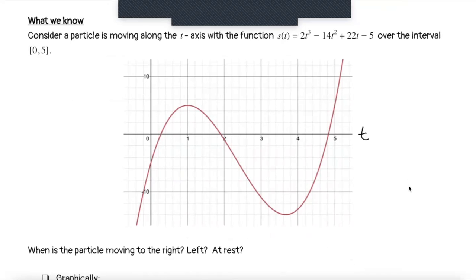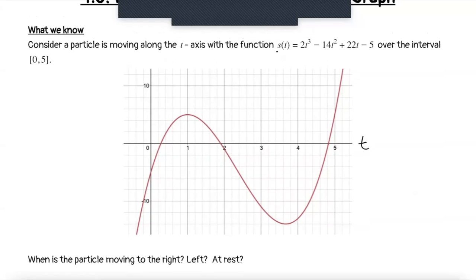All right. And so if I were to continue to label the axes, what should I label my y-axis as? Yeah, exactly. We're going to go ahead and label this our s of t. And our clue for that is that they tell us that this is the function of not speed, but position.